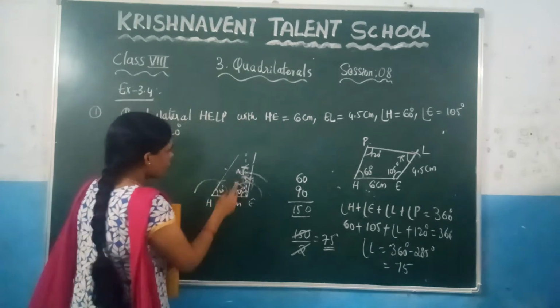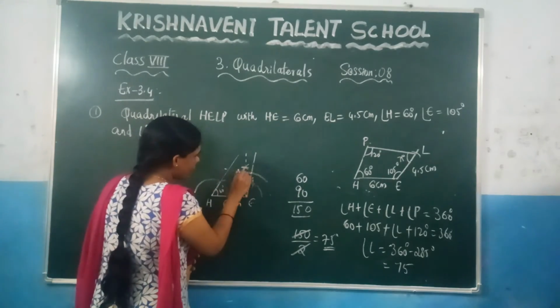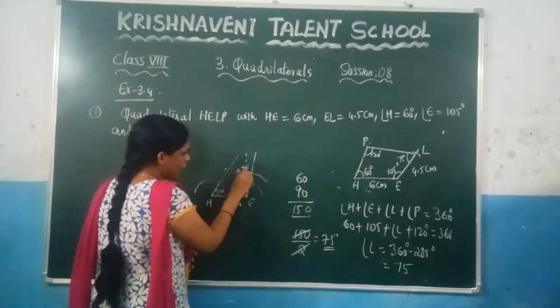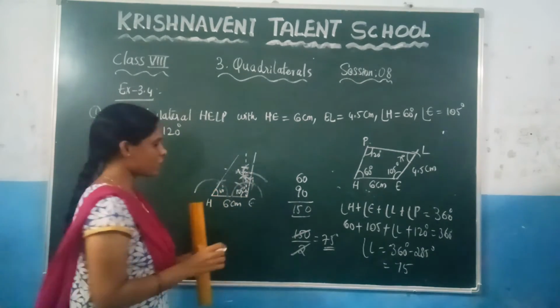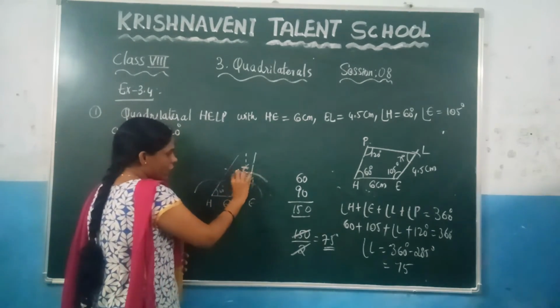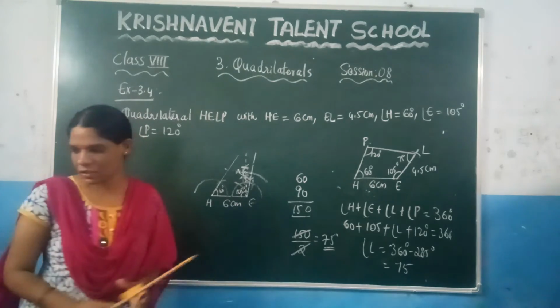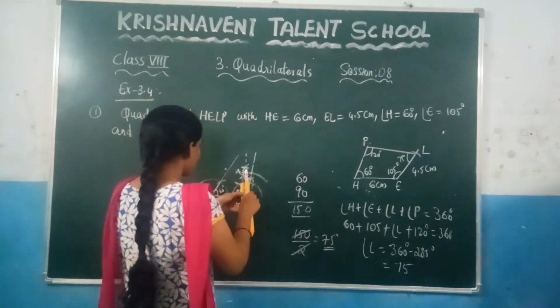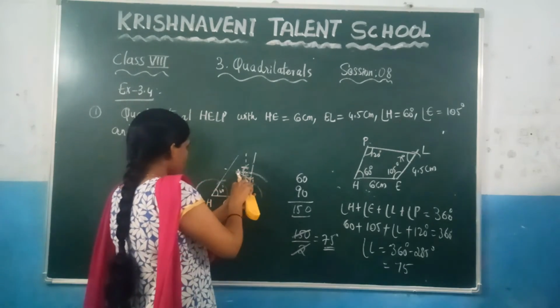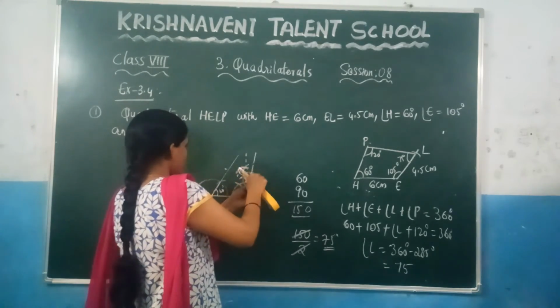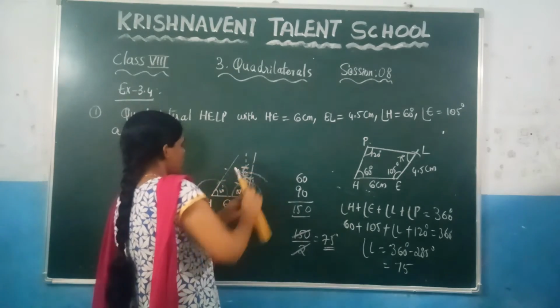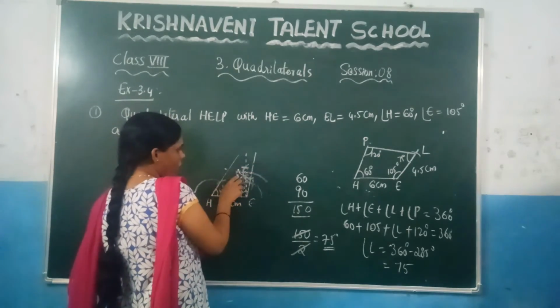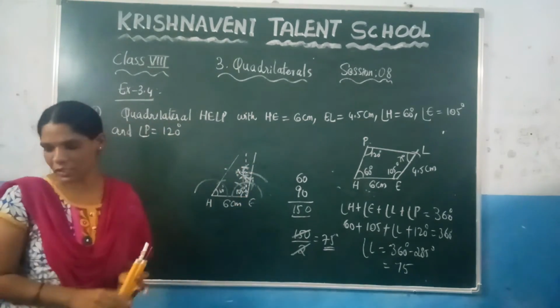See here, this is 60 degrees and this is 90 degrees. In between 60 and 90 you will get the perpendicular bisector. So again take more than half radius and make an arc here. So here you need to draw one arc, and at this point you need to draw one arc. So here you got one intersection point. This is nothing but the 75 degrees.